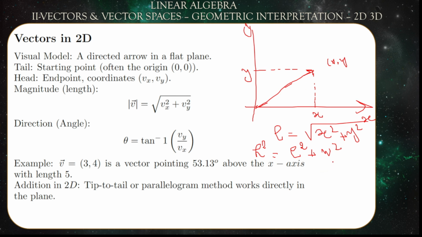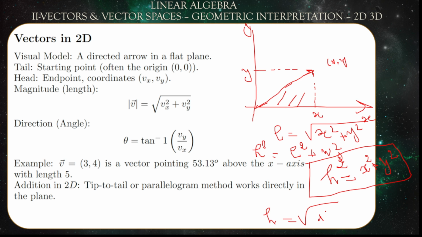Let's write it in another format: the hypotenuse squared, which is the length of the vector, is equal to x squared plus y squared, correct? These are the two sides of this triangle. So h squared is equal to x squared plus y squared. Hence, h would be equal to the square root of x squared plus y squared.